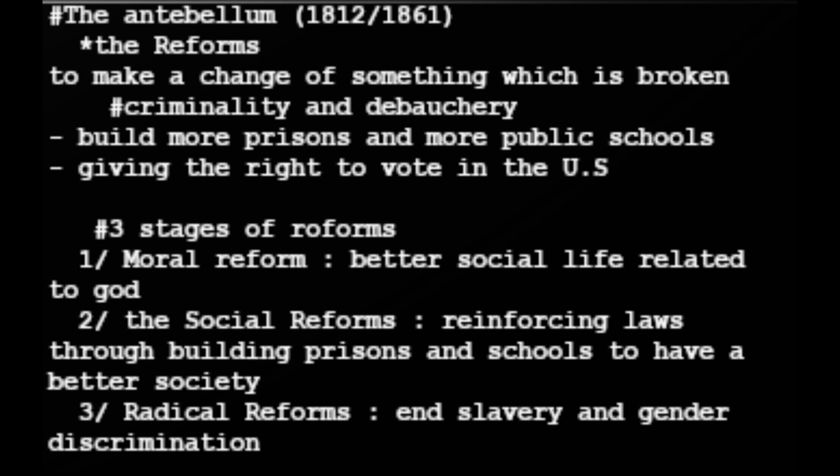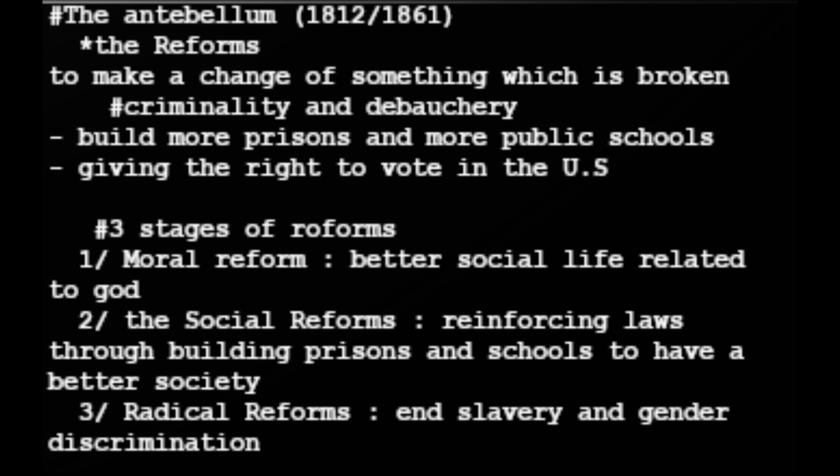So in order to spread these enlightening ideas, they had to spread these morals through public speeches and religious tracts. And a religious tract is a card which showed American people how to behave as good citizens and good people in general. This is about the moral reforms.